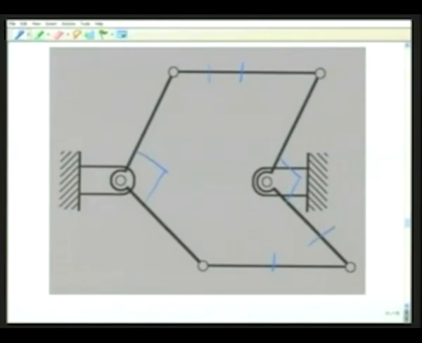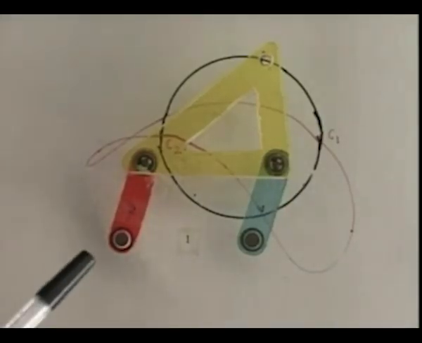This portion of the links become perpendicular to the line of frame. This point will be much clearer when we demonstrate it through a model. Let us now look at the model of this parallelogram linkage.